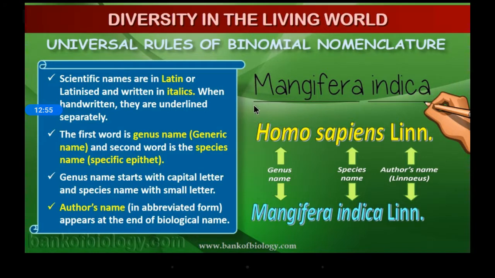Yes, it will consist of two words, and the first word is the genus word and the second word is the species name or the specific epithet, and the genus name will start with a capital letter and the species name will start with a small letter, and it should be underlined separately. So these are the rules for writing binomial nomenclature, which is very, very important. Okay, I hope you understood. Thank you.